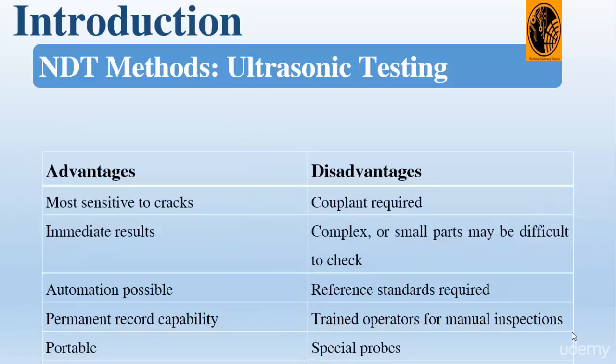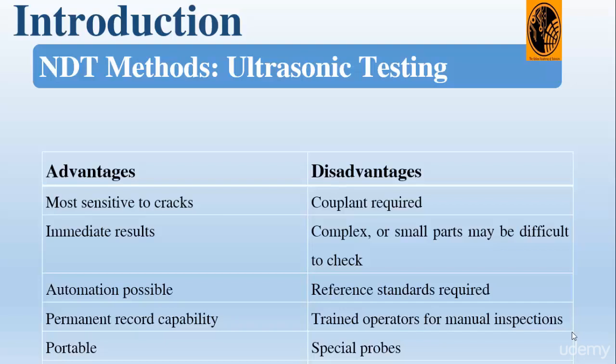Here are the main advantages and limitations of the ultrasonic testing method. It is most sensitive to cracks, and it gives immediate results, and its automation is possible, and it also gives a permanent record of the defect, and it's also a portable technique.